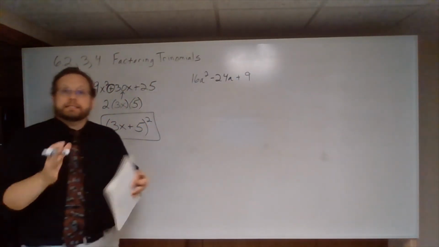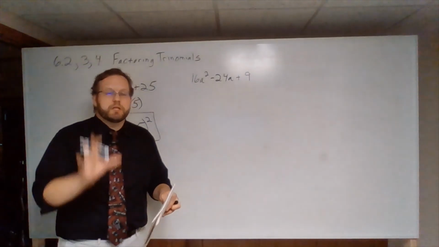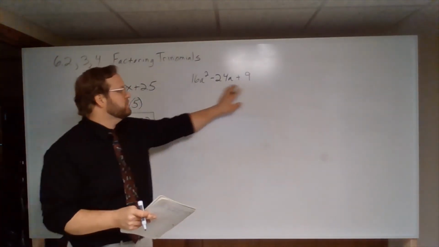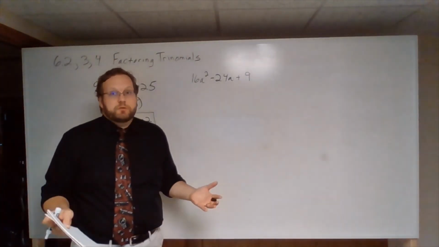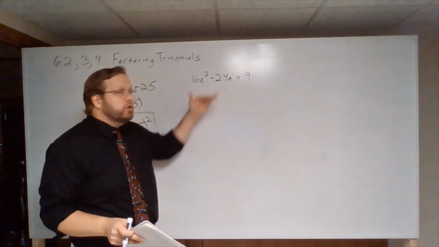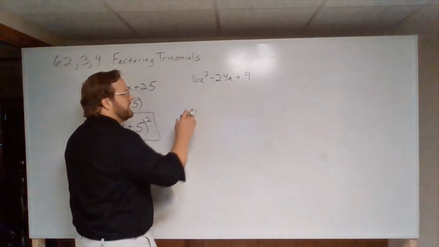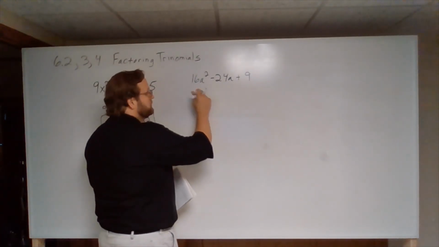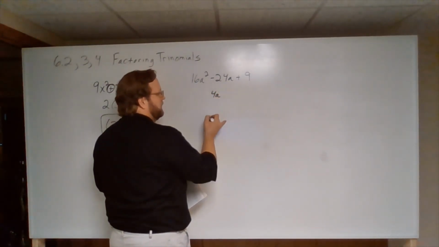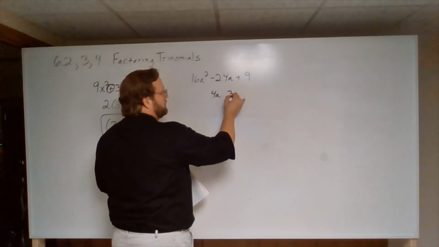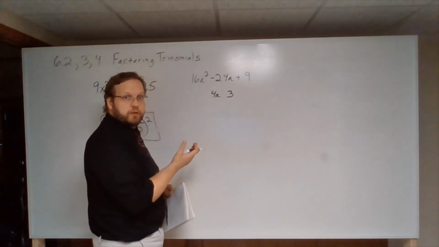Okay, let's see if it's a perfect square trinomial first. Actually, before that, is there a GCF? In this case, there's no GCF. So I could jump into guess and check, or maybe it's a perfect square. I would check that by square root is 4a. Square root is 3. So far, so good.